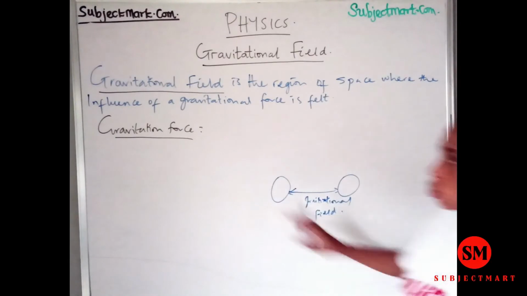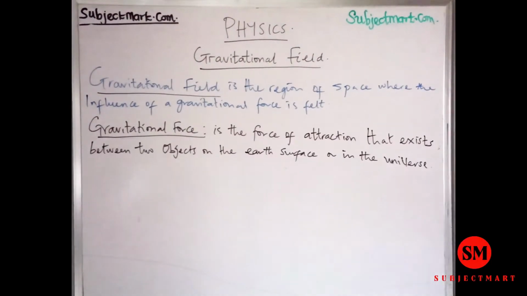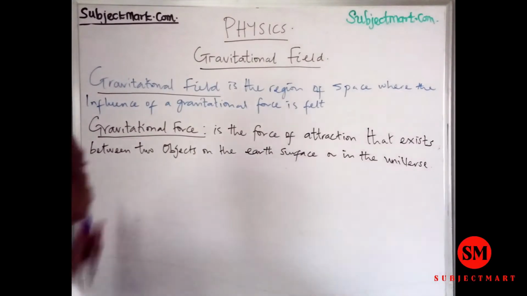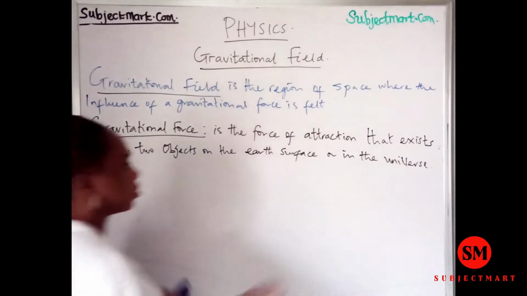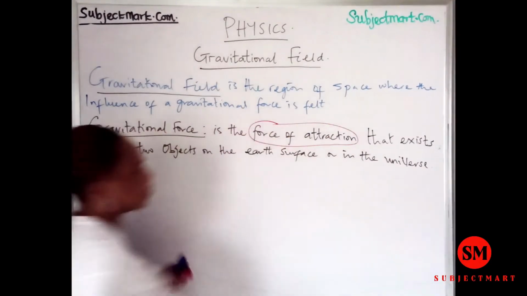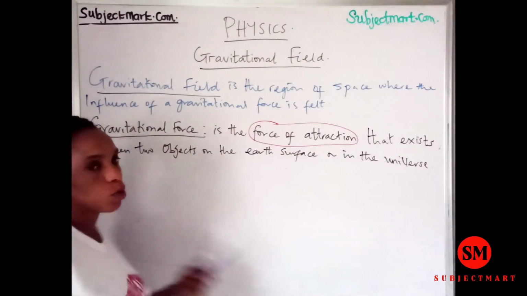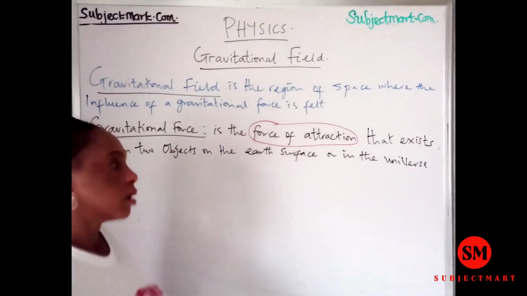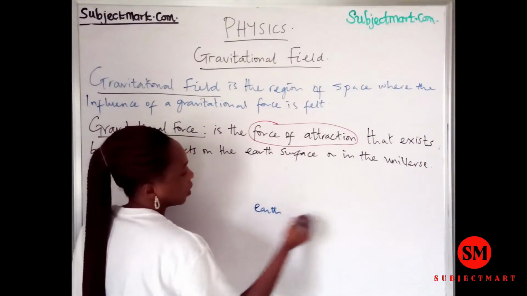So that leads me to the definition of gravitational force. Gravitational force is the force of attraction that exists between two objects on the Earth's surface or in the universe. Take note that I said the force of attraction. For instance, two bodies, let's say the Earth and the Sun.